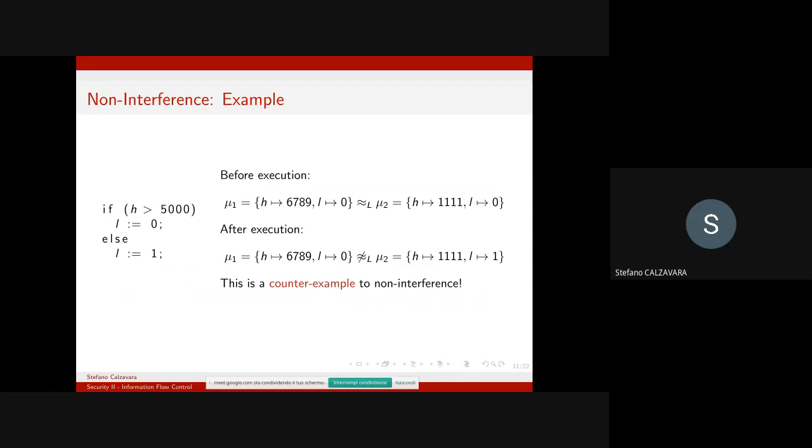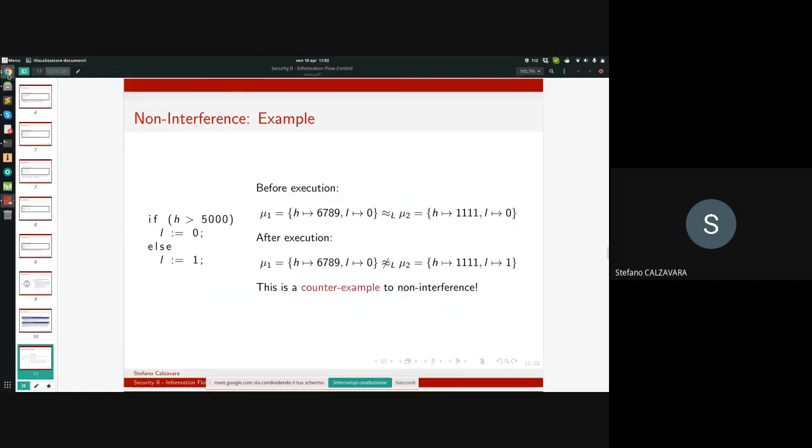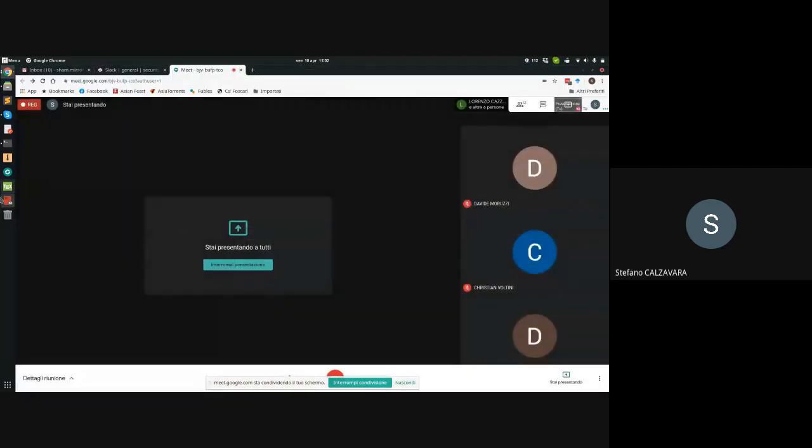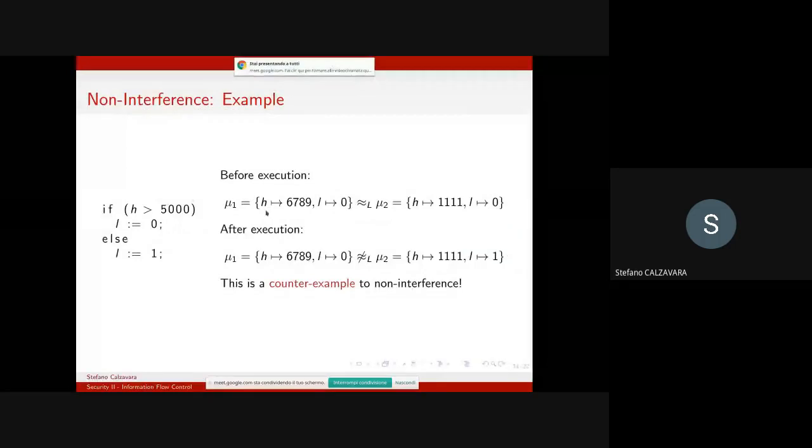To prove that, I can pick two memories, which are low equivalent, so they cannot be distinguished by an attacker which only observes low data. I let the program run, and I get two memories which instead can be distinguished. To show that, let's pick the first memory, mu1, and in this first memory, the variable h is bound to value 6, 7, 8, 9, and the variable L is bound to 0.